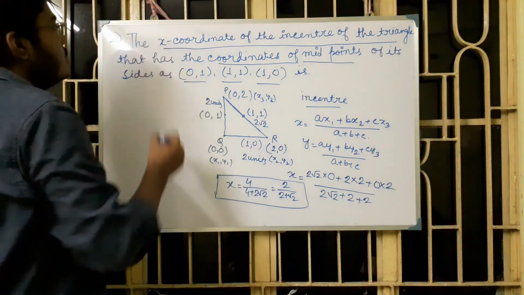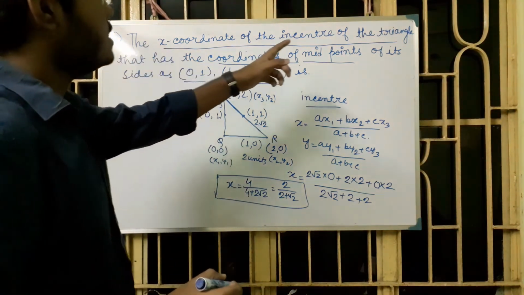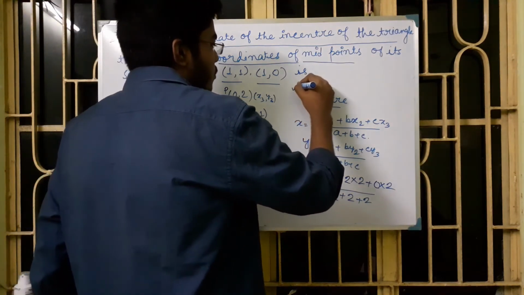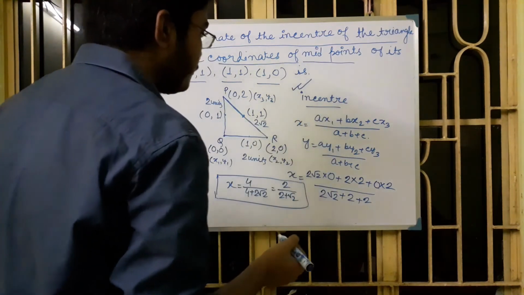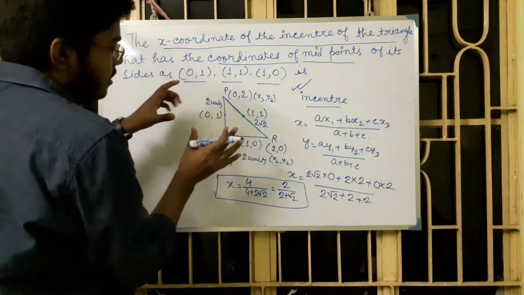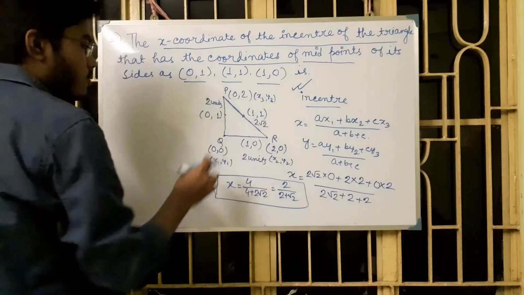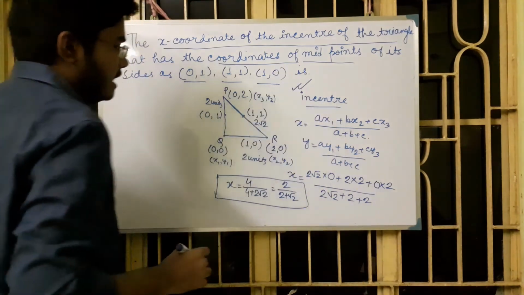So in this question, the only thing we have to think about is the formula of the incenter, and we have to just imagine this particular thing: that this is 0, 1, this is 1, 0, and this is 1, 1, this is the x equal to y straight line.